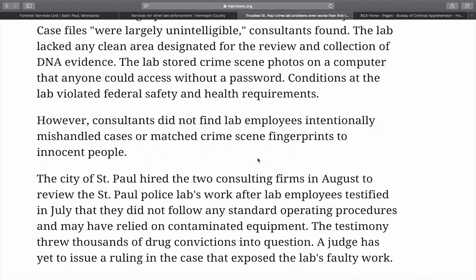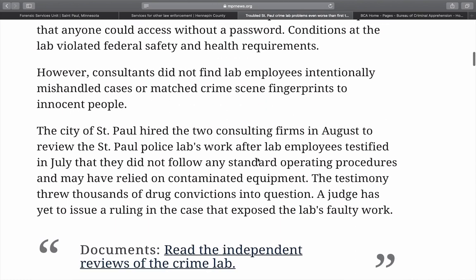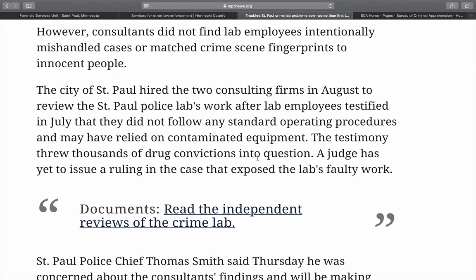However, consultants did not find lab employees intentionally mishandled cases or matched crime scene fingerprints to innocent people. So that was something good. The city of St. Paul hired the two consulting firms in August to review the St. Paul Police Lab's work, after lab employees testified in July that they did not follow any standard operating procedures and may have relied on contaminated equipment.